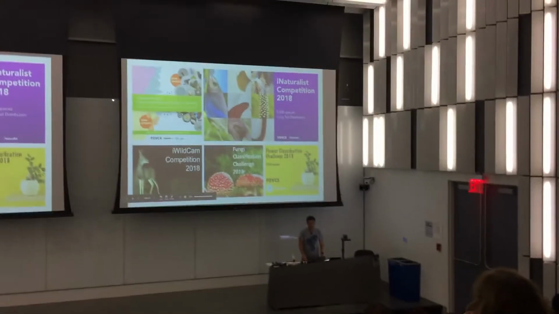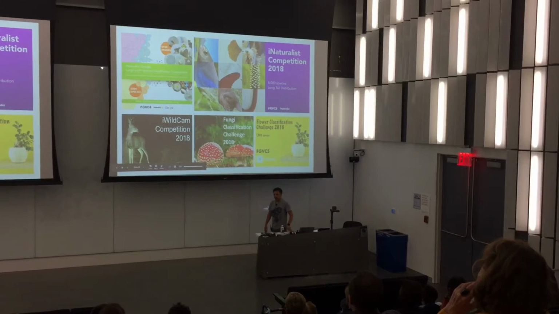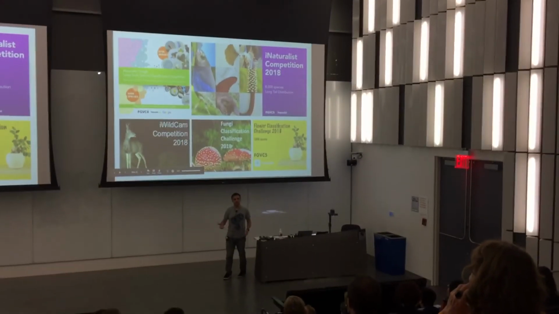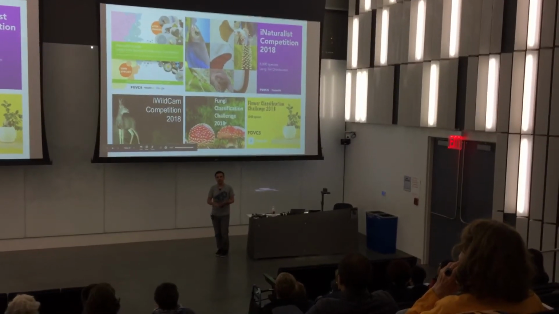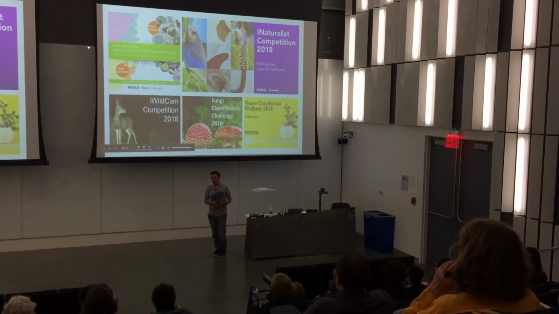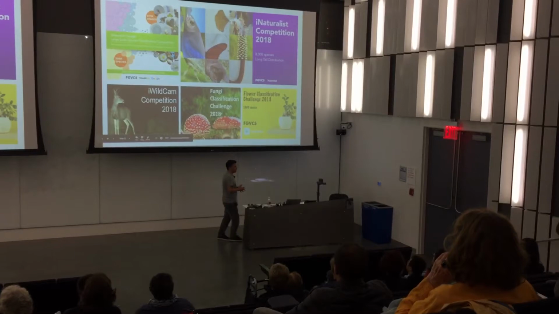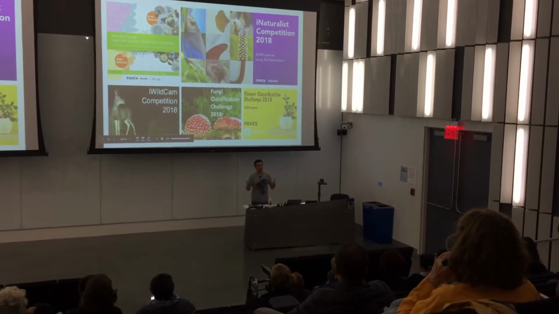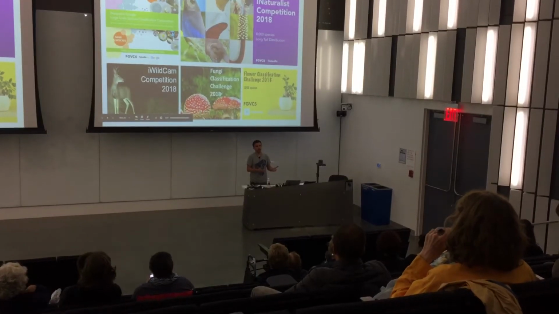When we did that, and I went around giving talks about this, many, many people asked, can you do the same thing for mushrooms and moths and so forth? The simple answer was yes, we can do it, but we need community interaction to get it to work.